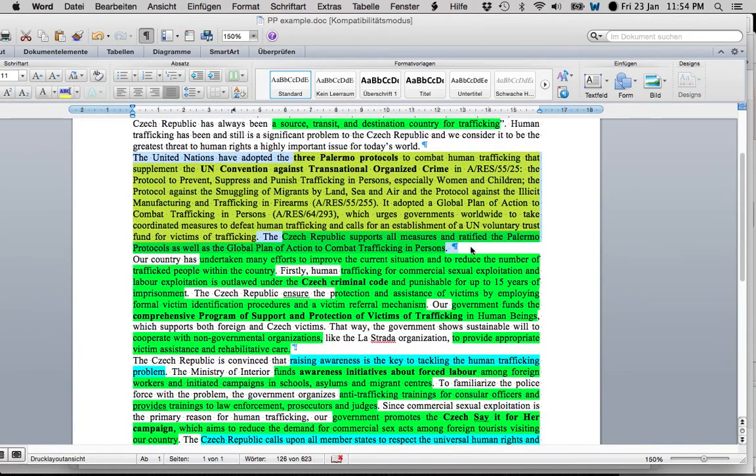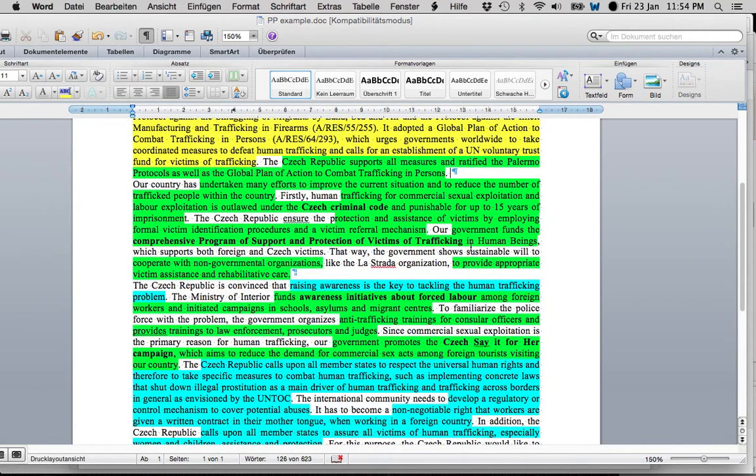And then when you go through the text, what is being done really well about the domestic situation is that it focuses on different aspects of the topic. There's talk about sexual exploitation. There is talk about refugee and work migrants.